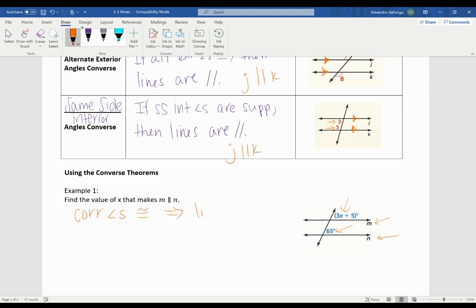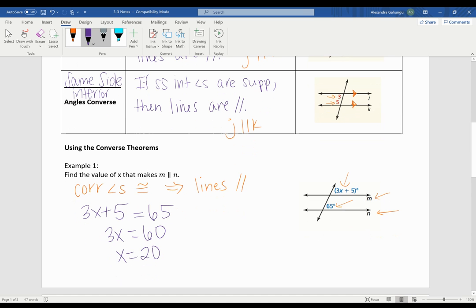So we would need 3x plus 5 to be equal to 65 in order for our lines to be parallel. So I'll solve for x. So x would need to be 20 so that our lines would be parallel.